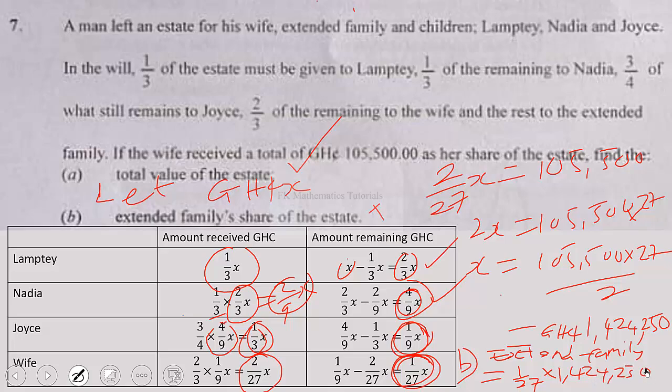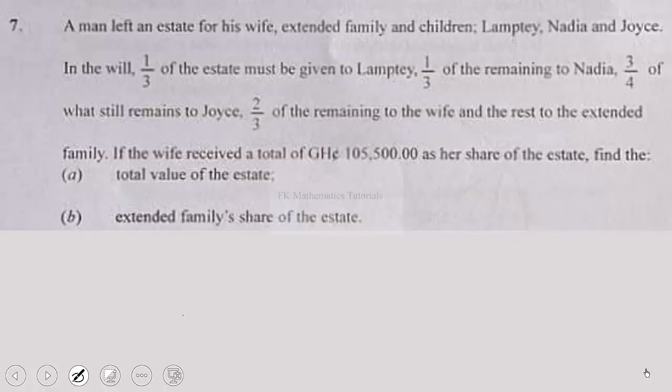And when we calculate that, we are getting 52,750 Ghana cedis. So that is what is given to the extended family.